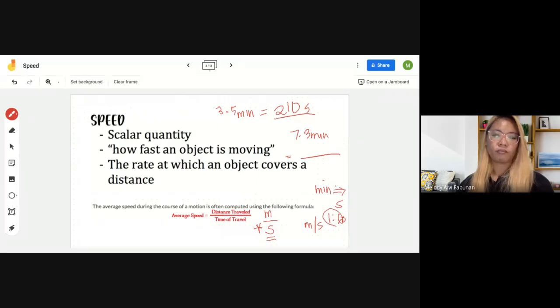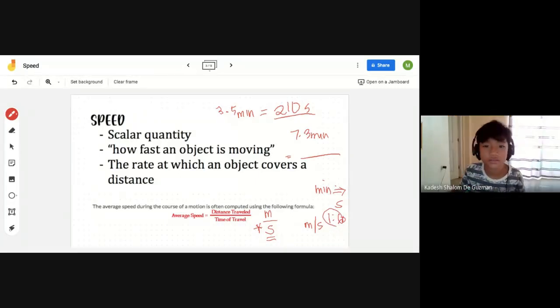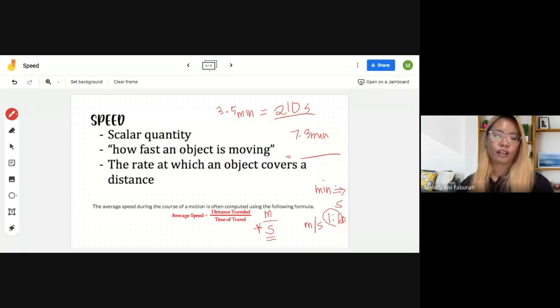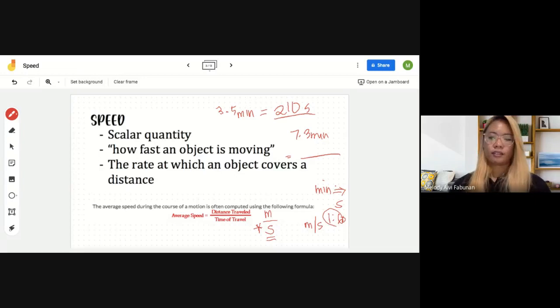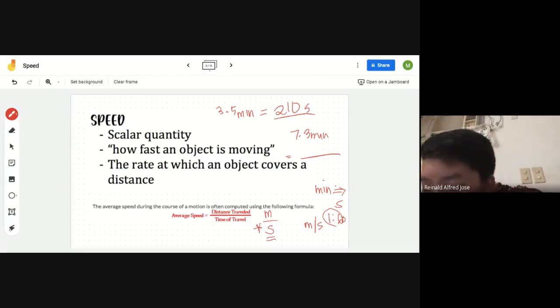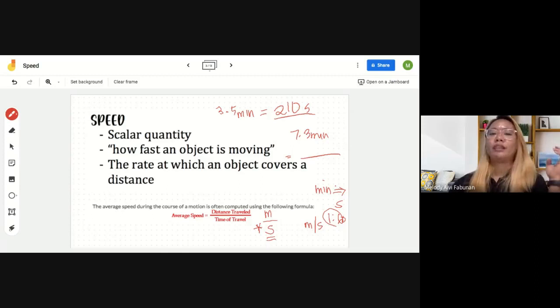Teacher, pwede gumamit ng calculator. Yes po, you can use your calculators. Okay, so may mga nagsagot na. Yes po, 438 seconds. So you just multiply it by 60. Okay? So ayan, let's continue with our next slide.